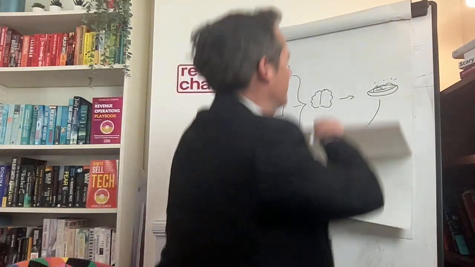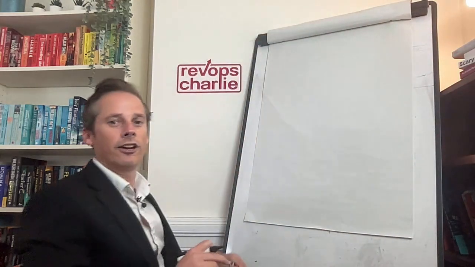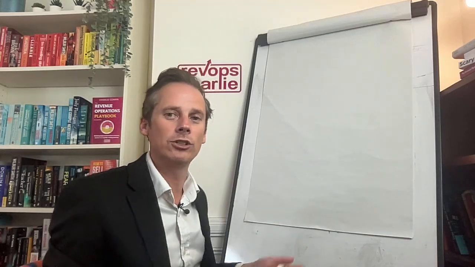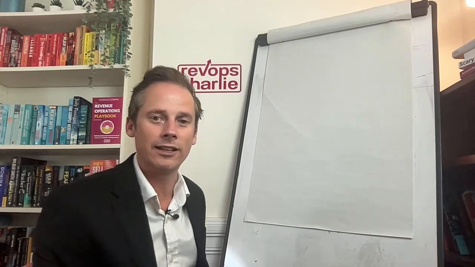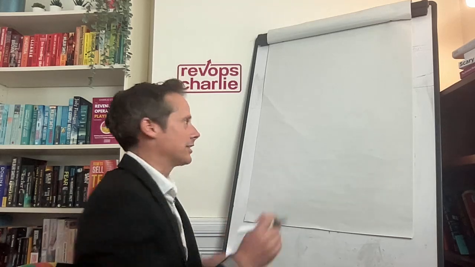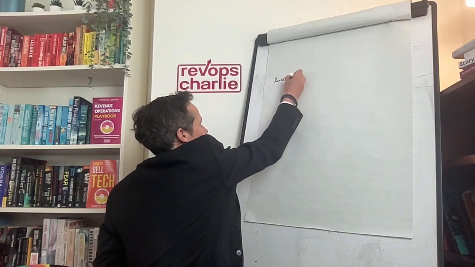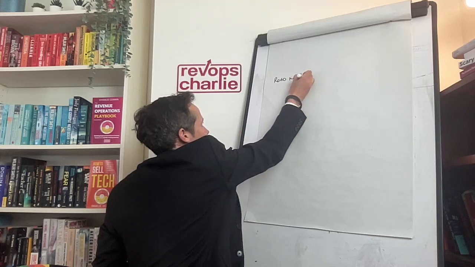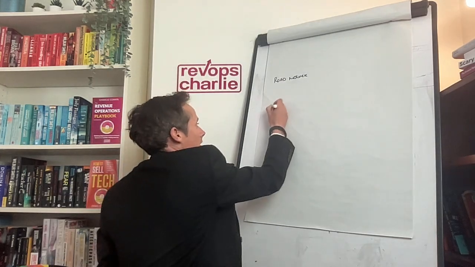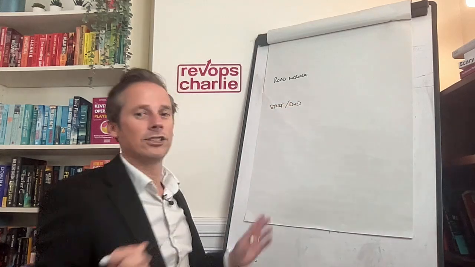So let's look at this in a technology scenario, and let's think about GPS driving directions, which I'm sure you use, whether that's Google Maps, Apple Maps, or any other system. When you type in where you want to get to, the system understands the road network. It's got that baked into its platform. It understands your start and end destination because it knows where you are and where you want to get to.